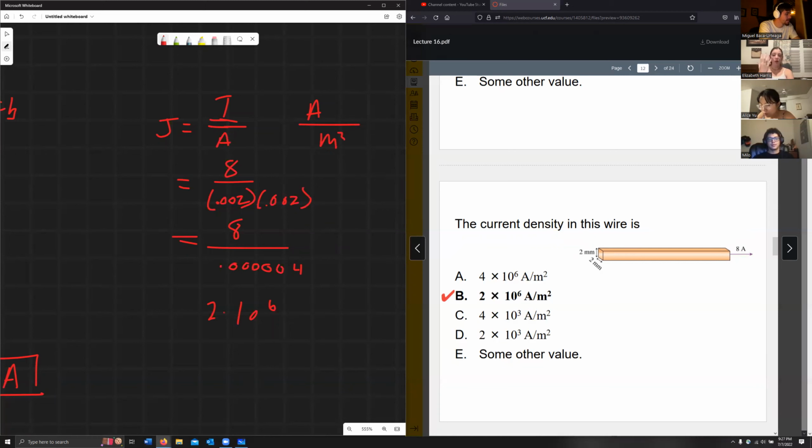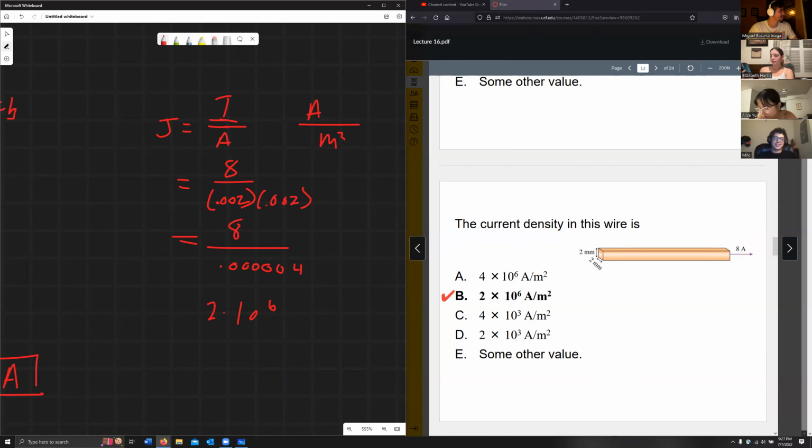Let's Google something. How many amps needed to kill a human? I guess it depends on the human. I think that's not going to be a very accurate result. I guess it depends on the voltage as well.